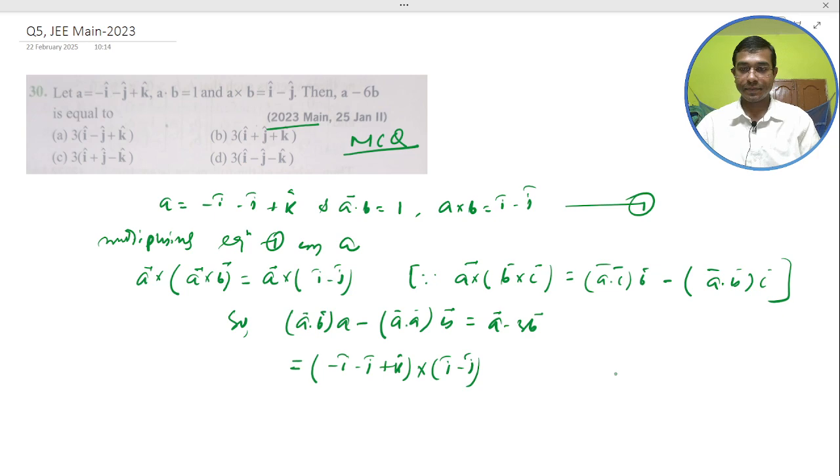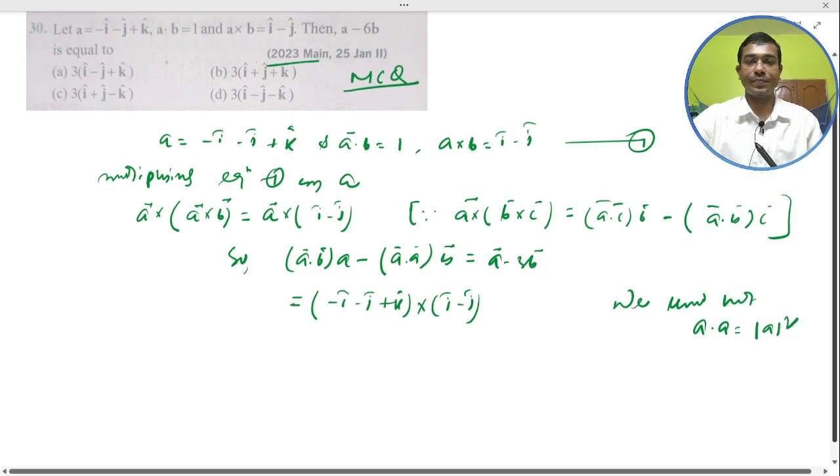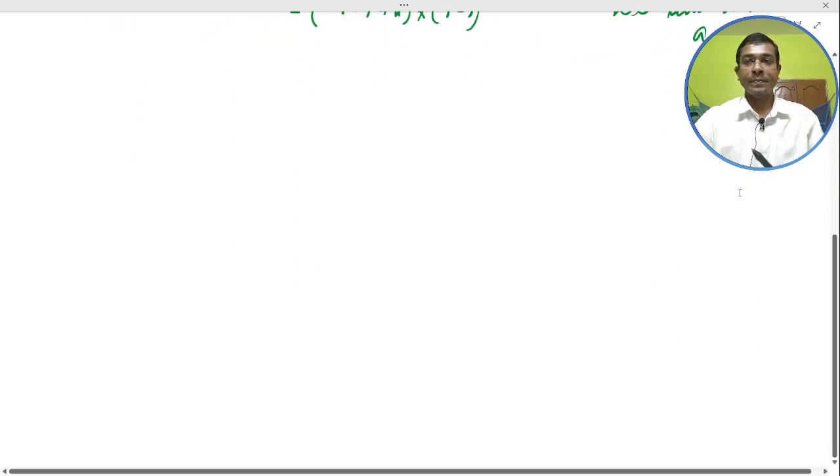Now we know that A · A equal to |A|². So |A| is equal to what?